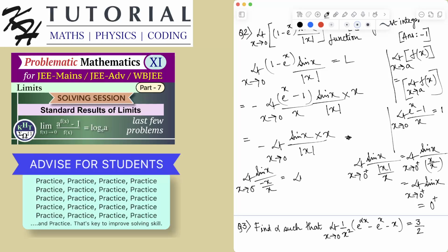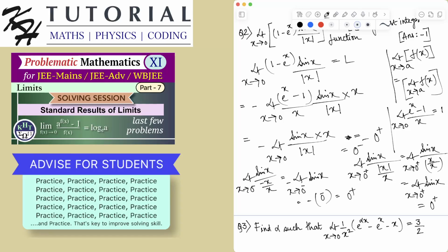So this is the limit as x tends to 0 negative of negative of sin x, but since when x tends to 0 negative the limiting value of sin x is 0 negative, the negative of 0 negative is basically 0 positive. So this is coming out to be negative of 0 positive, which essentially means 0 negative.